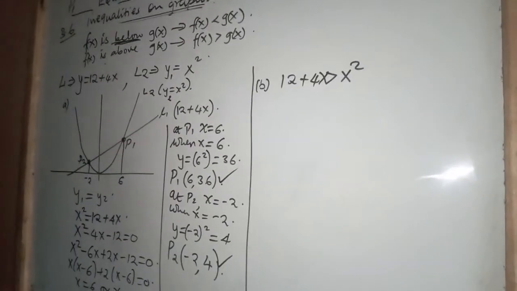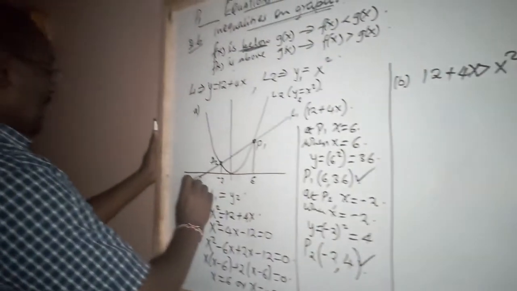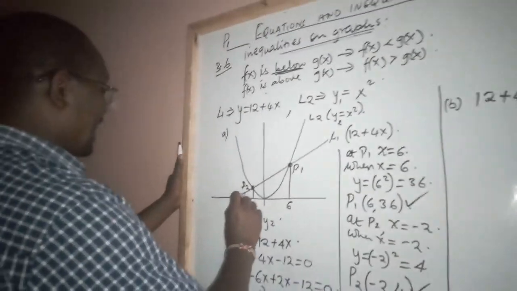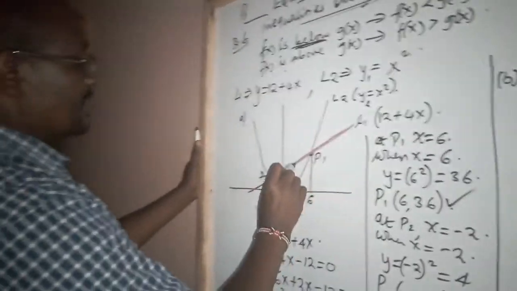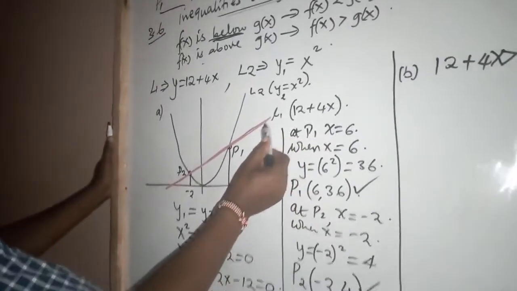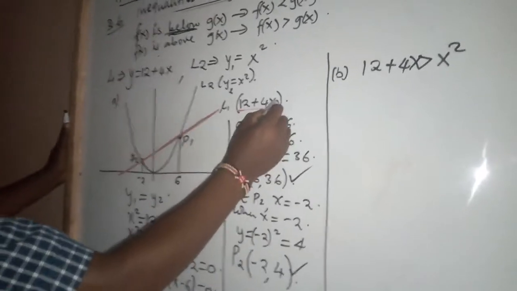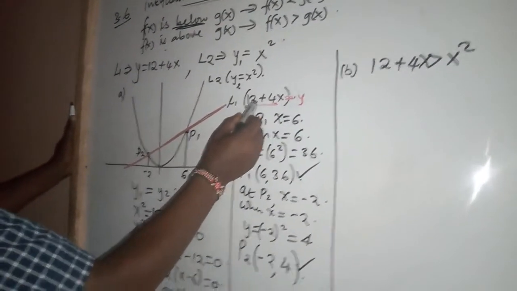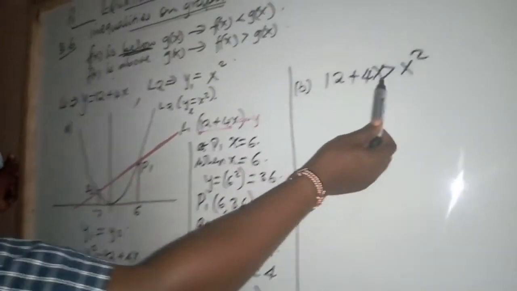Meaning that we are talking about the red line now. We are making it red. That is the graph of y equals 12 plus 4x, and it's supposed to be greater than x squared. It's supposed to be greater than the black graph.